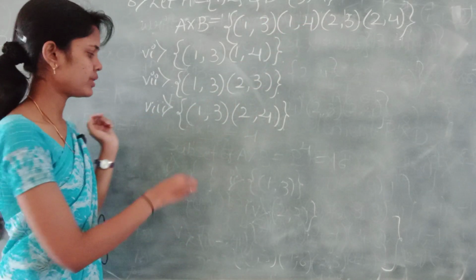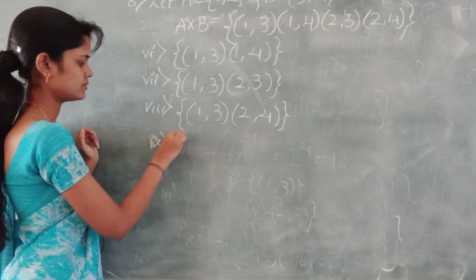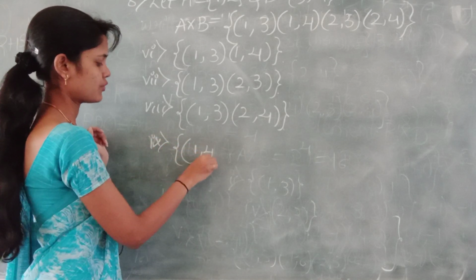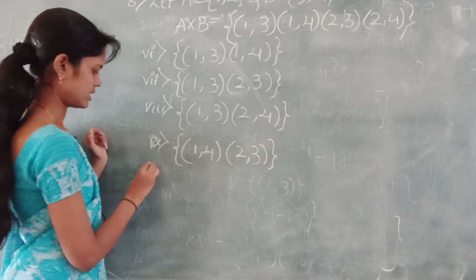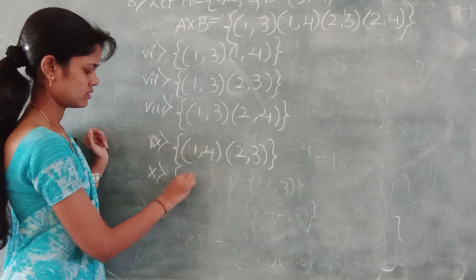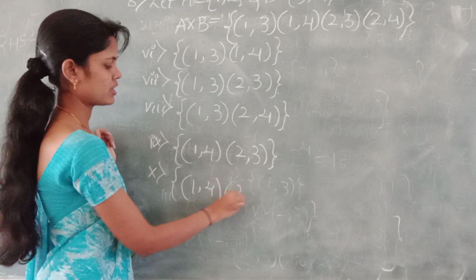Then 1, 4 with the next. So this is the ninth: 1, 4, 2, 3. Then the 10th one, 1, 4 with 2, 4.